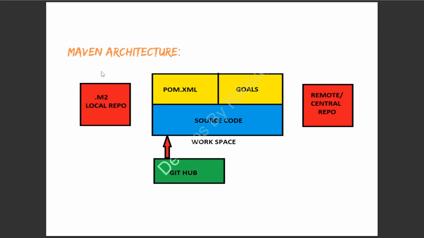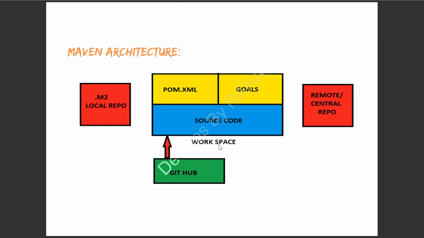And if you think about the Maven architecture, this is the flow. Suppose a developer writes the code in their local Git repository and pushes it from the local Git repository to GitHub, which is the centralized repository. From GitHub, the code is automatically fetched into the workspace.